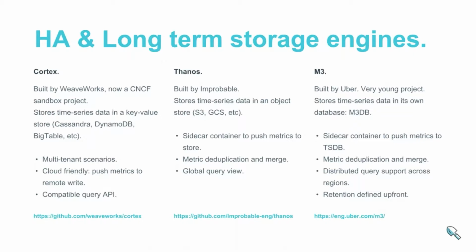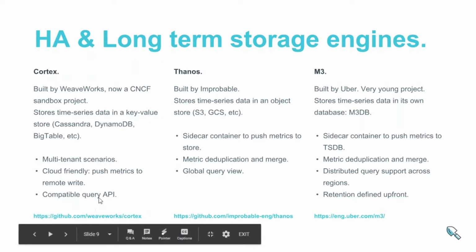Again, it uses a sidecar container to push metrics to their own M3DB. There is metric deduplication and merge again, and you can distribute queries across different regions. Now, when you have different regions, that's very nice. Some of the things you need to deal with is that data retention needs to be defined upfront, so there is a level of additional instrumentation you need to do there.